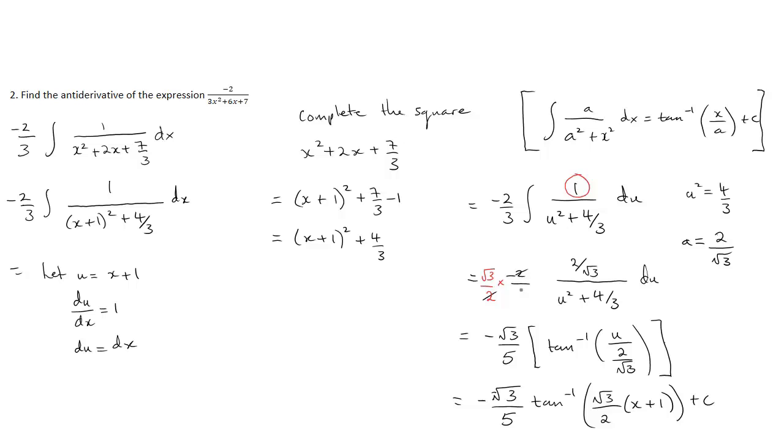So divided by 3, and that will mean that this number in front of here changes. Okay, so that's going to be 3, and that's going to be 3. Okay, so that's the correct answer now, hopefully.